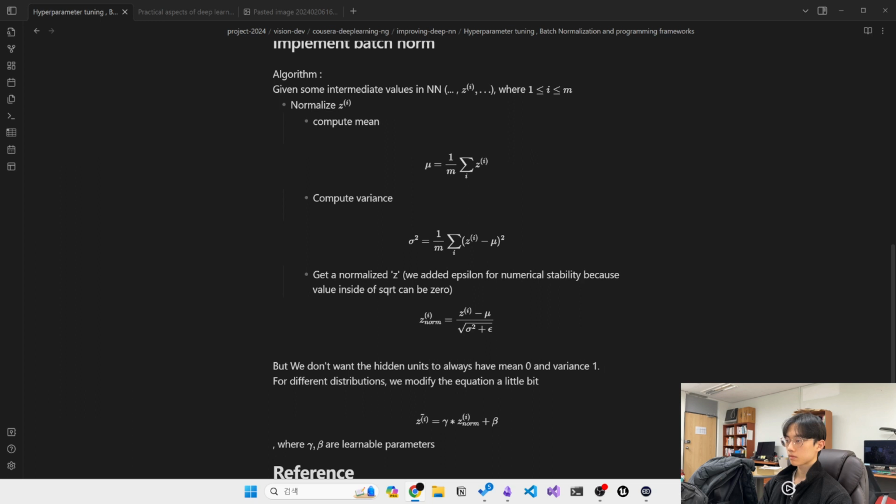So if you're using gradient descent or some other algorithm, like gradient descent with momentum or RMSprop or Adam, you would update the parameters gamma and beta just as you would update the weights of your neural network.